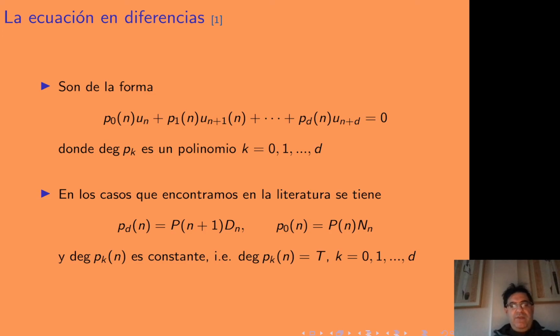Now, what happens, in fact, in the cases that you can find online about this particular zeta 3, zeta 2, and some other values, is that the PD and P0 are connected. They are connected like this. So the PD of n, which is related with the u sub n plus d, has the same polynomial as P0, but P0 has it at n, and PD has it at n plus 1, not at n plus d.